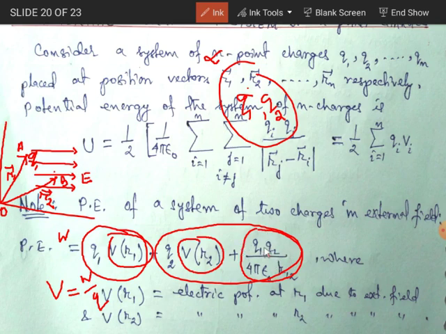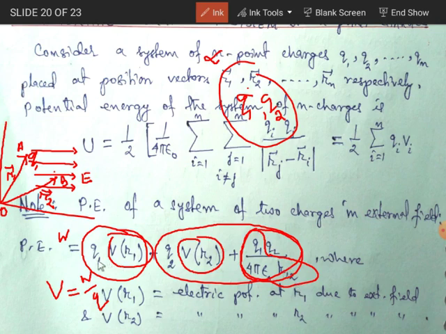So what is this then? Q1 divided by 4 pi epsilon naught times R12. This is nothing but the electric potential due to Q1 at the point B. Got it? This was the electric potential due to the external field at the point B, and this portion is the electric potential due to Q1 at B. So this is the total.